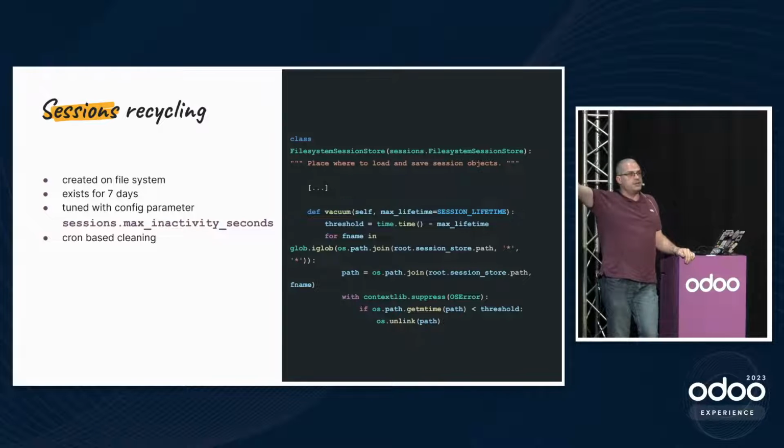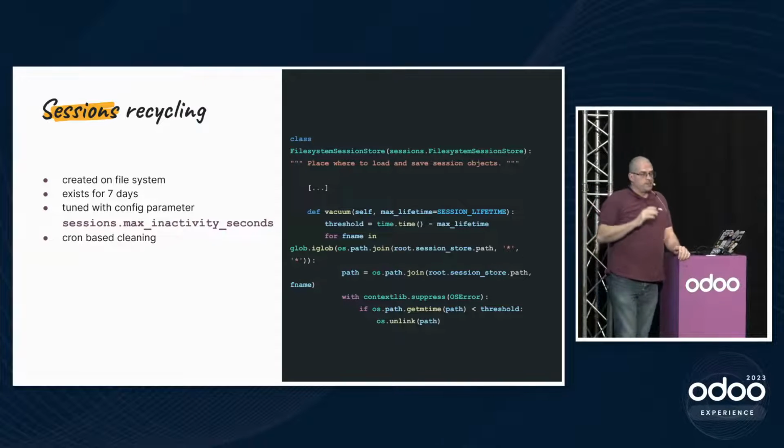By default, it's 7 days. It's a cron-based cleaning. That means you need a cron worker to clean them. If you want to log everyone out of your Odoo instance, you simply have to remove all the files in the session store, and everybody is logged out.